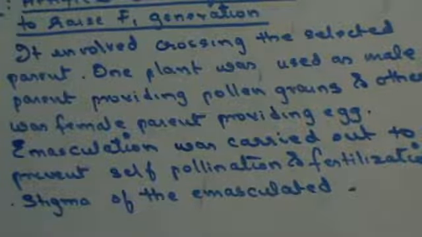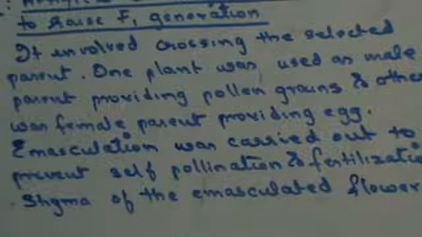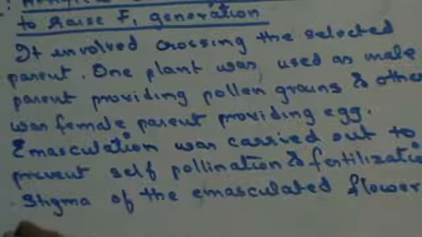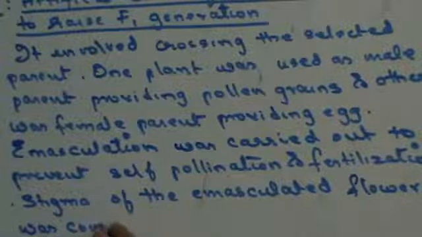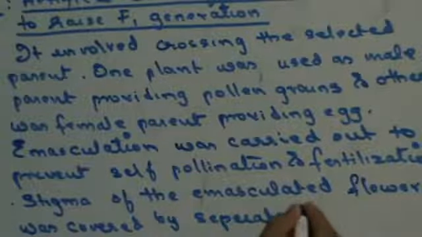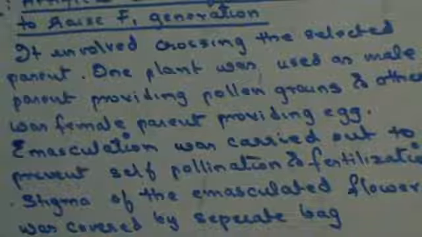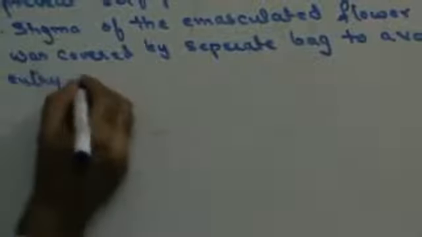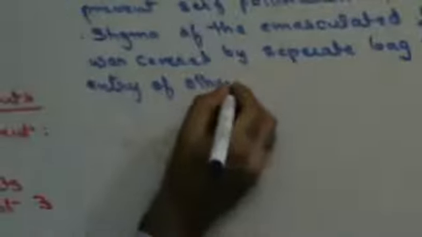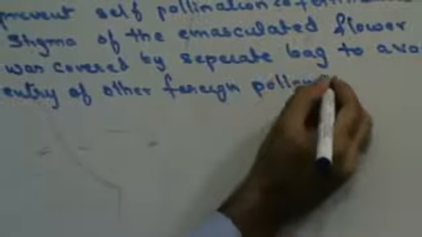The stigma of the emasculated flower was covered by a separate bag to avoid entry of other foreign pollen grains.